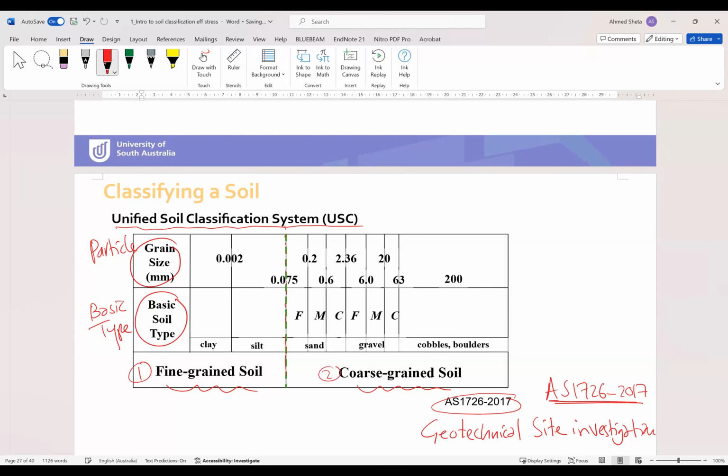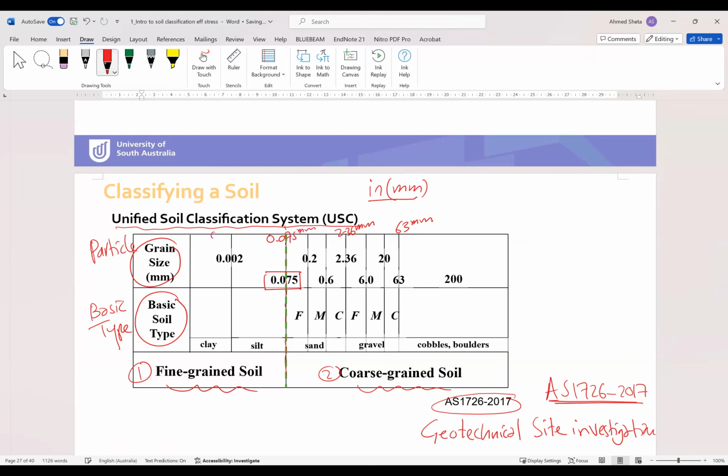What is the limit, or the borderline, between the fine grained and the coarse grained? 0.075 millimeter. So these are the sizes. We have here 63 millimeter, here 2.36 millimeter. All the dimensions are in millimeter for this system. And here is 0.075 millimeter.